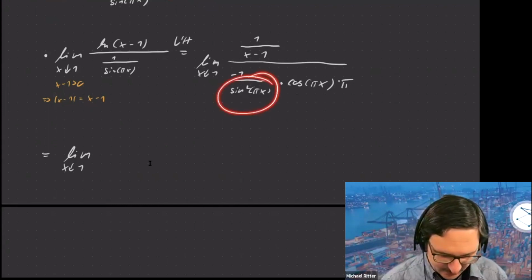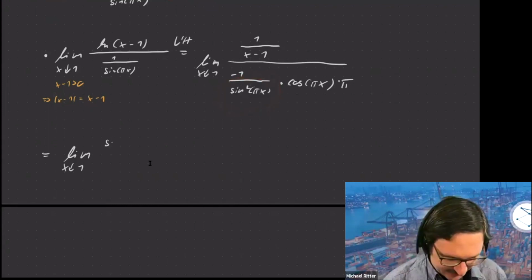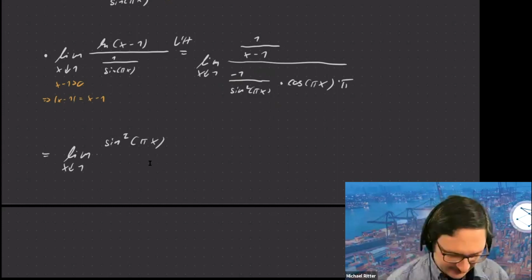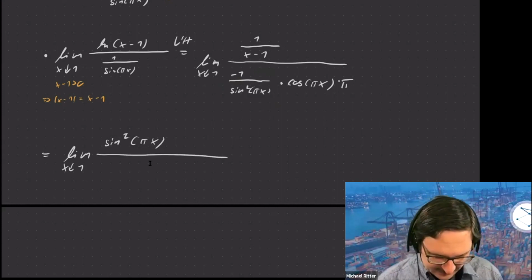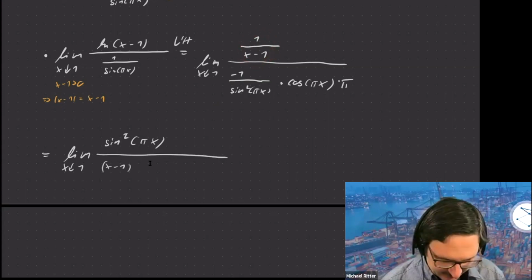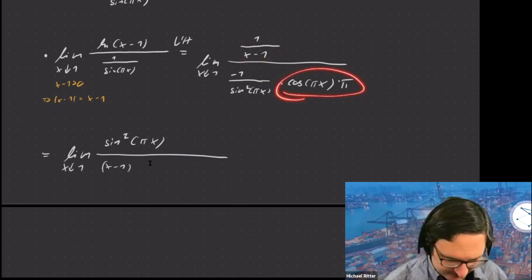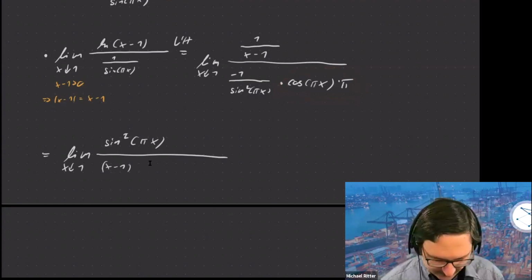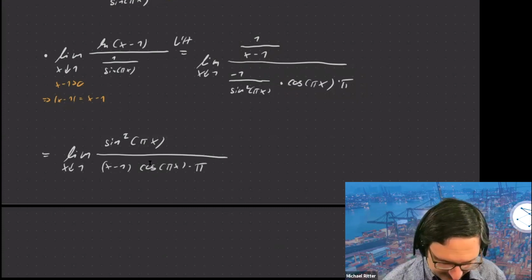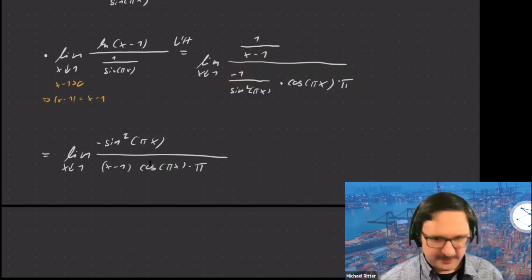This 1 over the sine squared is the same as putting the sine squared here in the numerator. So we have sine squared pi x. This x minus 1 goes into the denominator, and all the other factors are also in the denominator. So we have cosine pi x, we have pi, and don't forget about that minus sign here. Just add that here.